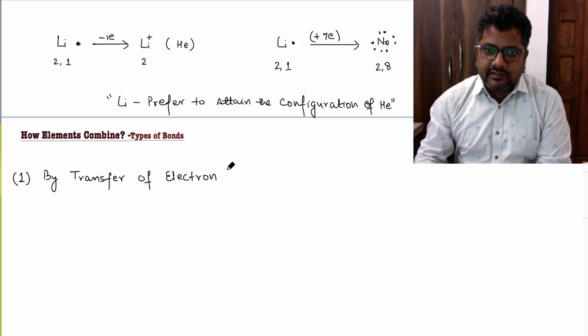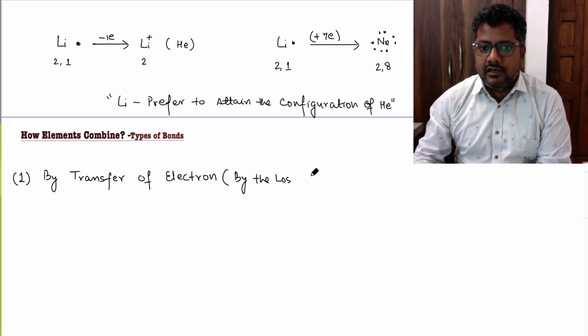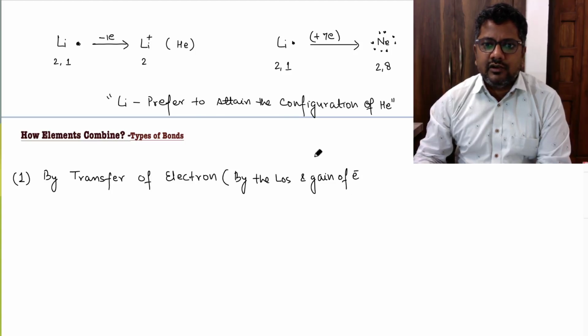So in simple words you can say by the loss and gain of electron. Which electrons are used in loss and gain, or in transfer? Only valence shell electrons, right?